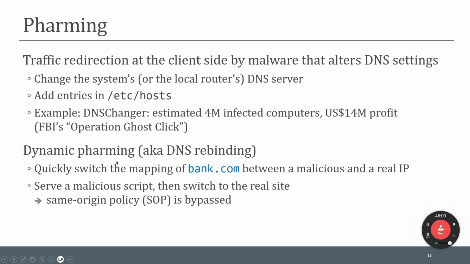And as I said, the malware tries to change the entries in the host file, and when the browser looks up your domain name, the first thing that the web browser refers to is this file. So if a domain name and IP address are configured in this file, then it doesn't send any DNS request.